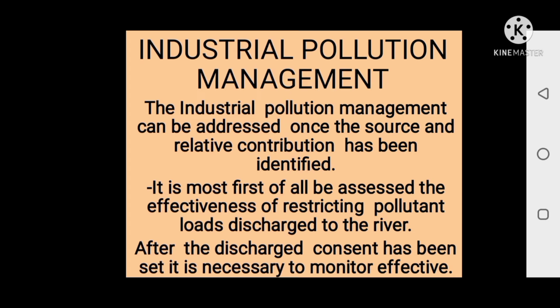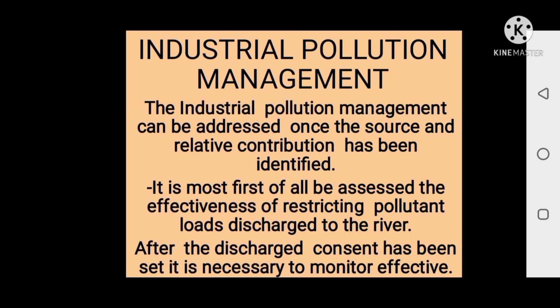We have industrial pollution management. So industrial pollution can be addressed once the source and relative contribution have been identified. First of all, it must be assessed the effectiveness of restricting pollutant loads discharged to the river.